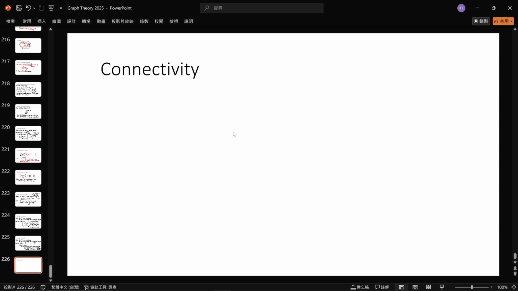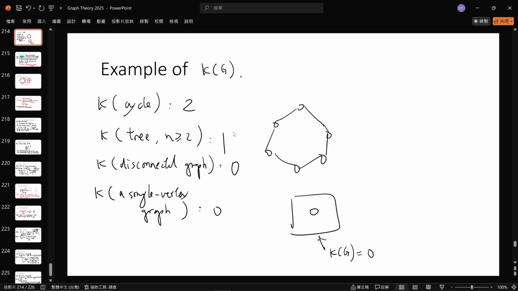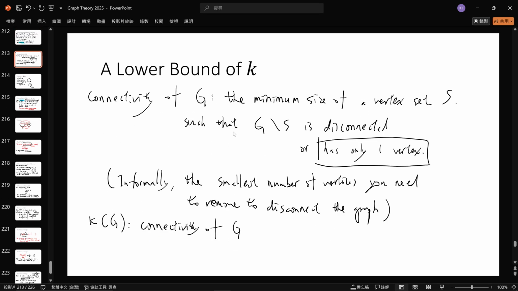Let's recall the definition of connectivity: the minimum size of a vertex set whose removal disconnects the graph. We may need to remove multiple vertices to disconnect the graph, but if we can find a cut vertex, we can disconnect the graph by removing one vertex. So it must be the smallest possible for a connected graph.